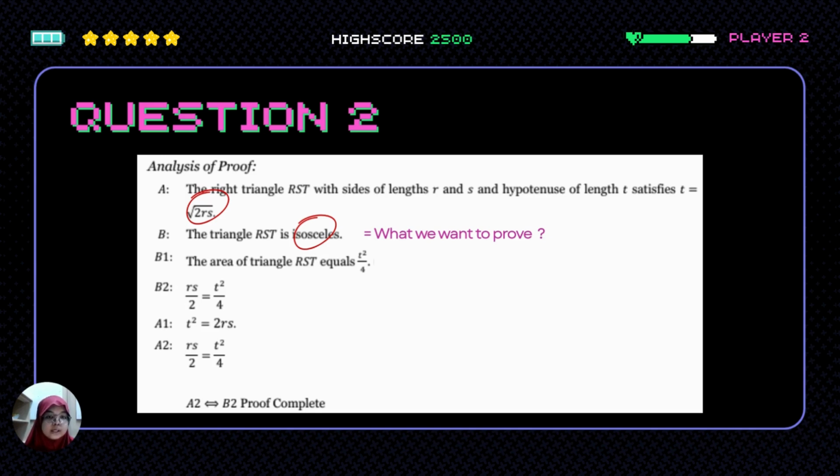From A we know that T equal to square root 2RS, we just square it, so we get T squared equal to 2RS, and then we find A2, RS over 2 equal to T squared over 4. From this we know that B2 and A2 are equal. So the proof is complete.